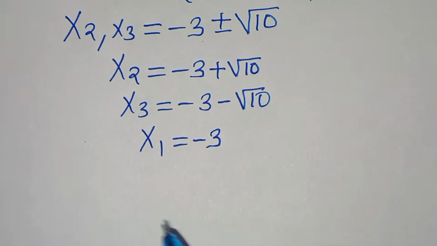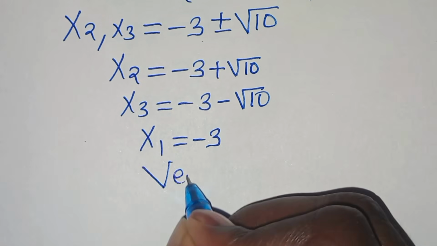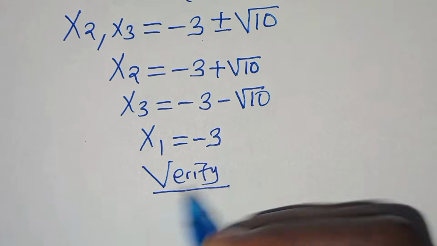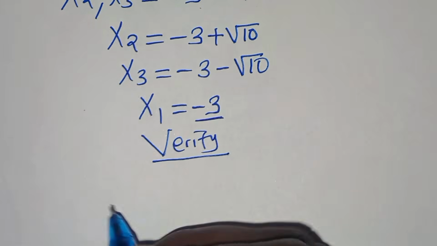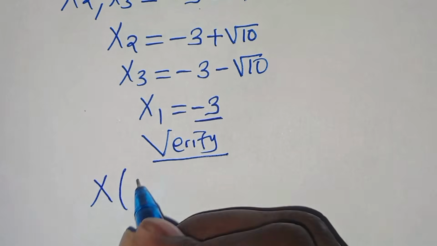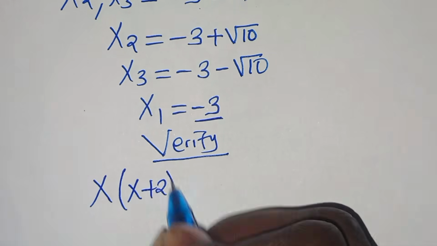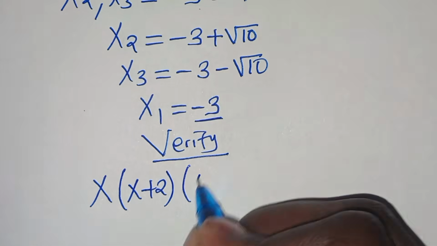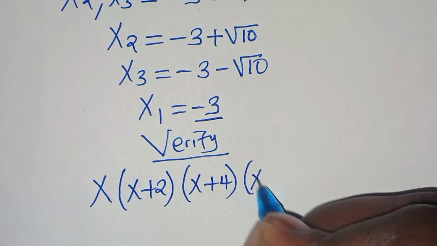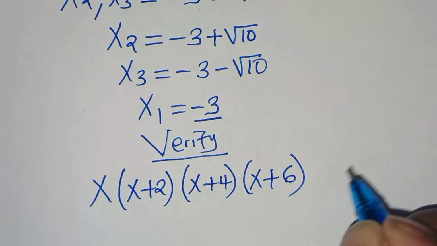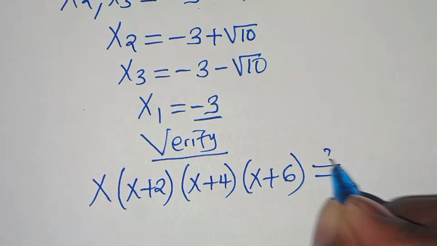Now, let's verify here. Let's verify with x1, which is minus 3. Now, we have x multiplied by x plus 2, multiplied by x plus 4, multiplied by x plus 6. This should give us a value of 9.